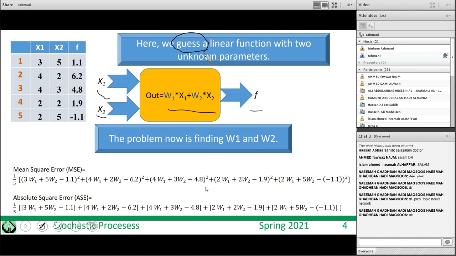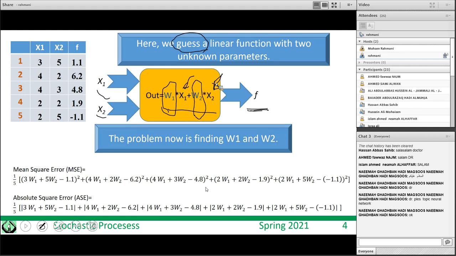For example, we say that the output f is a linear function of input. What is the meaning of linear function? It means that f is equal to a coefficient multiplied by the first input and another coefficient multiplied by the second input.